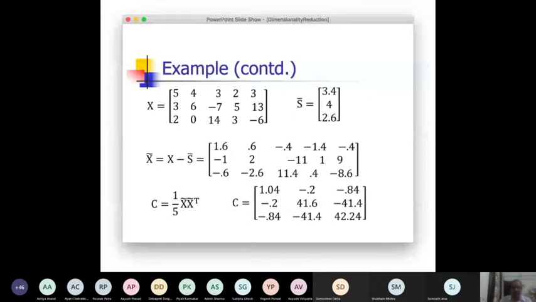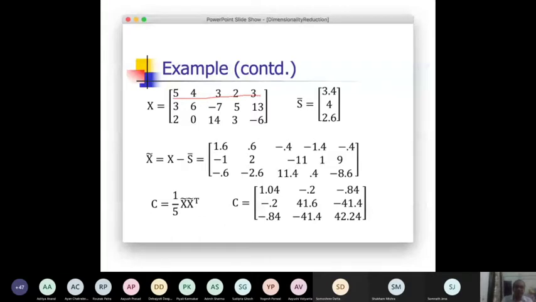Can you tell me what these diagonal terms indicate? The variances of each dimension of the data point. Okay. So, for example, this variance 1.04 comes from the first dimension of these data points.